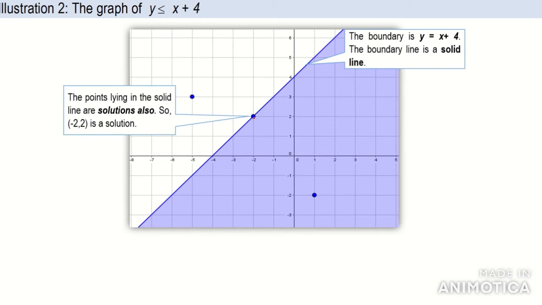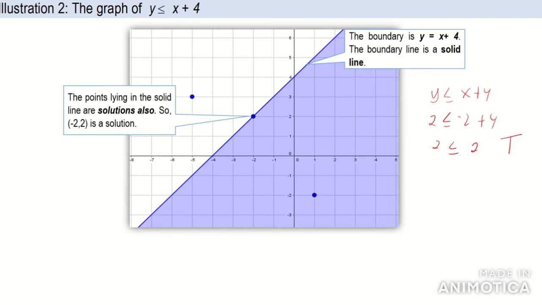Take note of that. And the points lying here are solutions. So we can verify that by substituting the values of x and y in the inequality. Okay, so our x is -2 and our y is 2, plus 4. 2 is less than or equal to 2, and that is true.